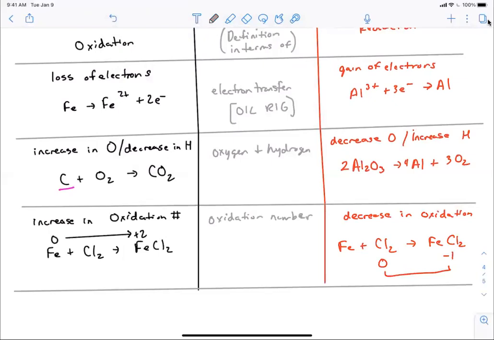And you have to cite the numbers. If they say in terms of oxidation number, I would cite the numbers in your explanation. That's the only way that they'll truly know that you are speaking in terms of oxidation number. So say that the iron goes from 0 to +2, so it's oxidizing, so therefore must be the reducing agent. That's a full correct answer.